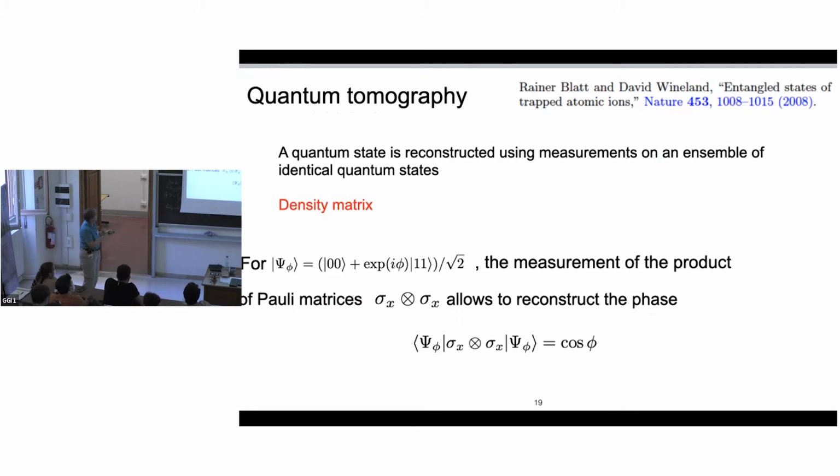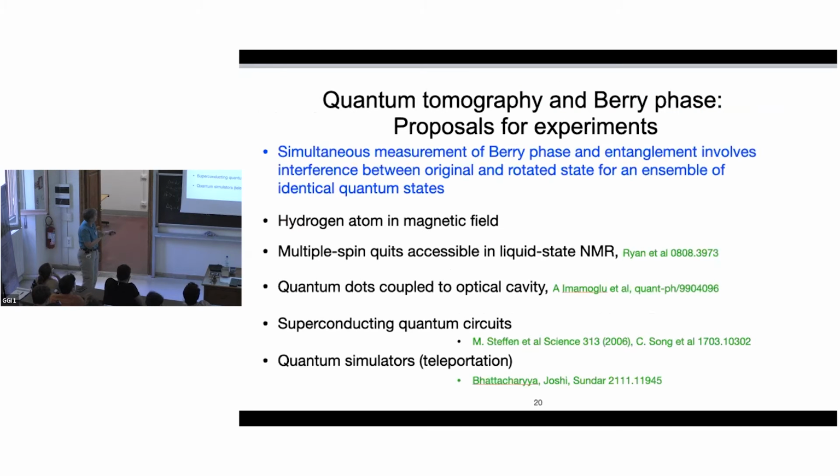The idea would be to have a simultaneous measurement of the Berry phase with respect to this external magnetic field and of the entanglement, by measuring the quantum mechanical phase in the singlet and triplet states, to look at the relation between both, and see that states with the same entanglement nevertheless have a different Berry phase. Here are some proposals for how this could be done. It's interesting that this is something very basic in quantum mechanics which could be amenable to a measurement. We are trying to convince people to measure this.